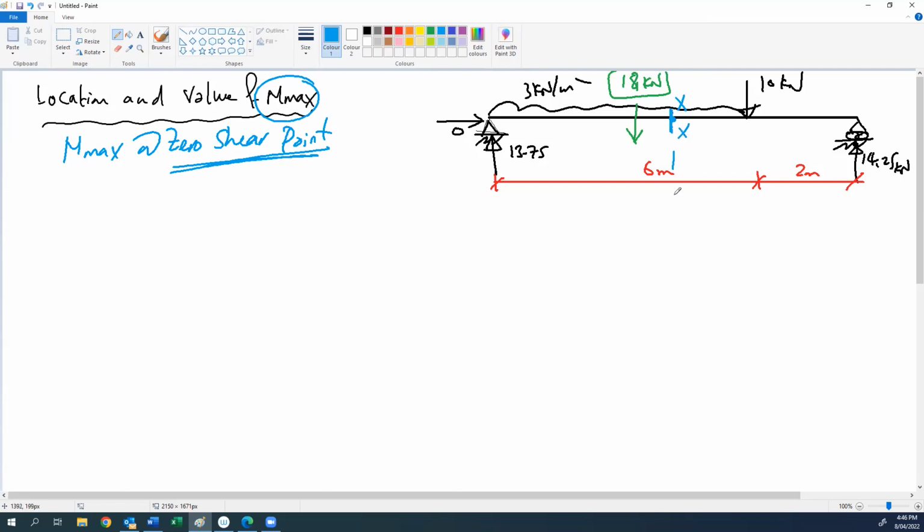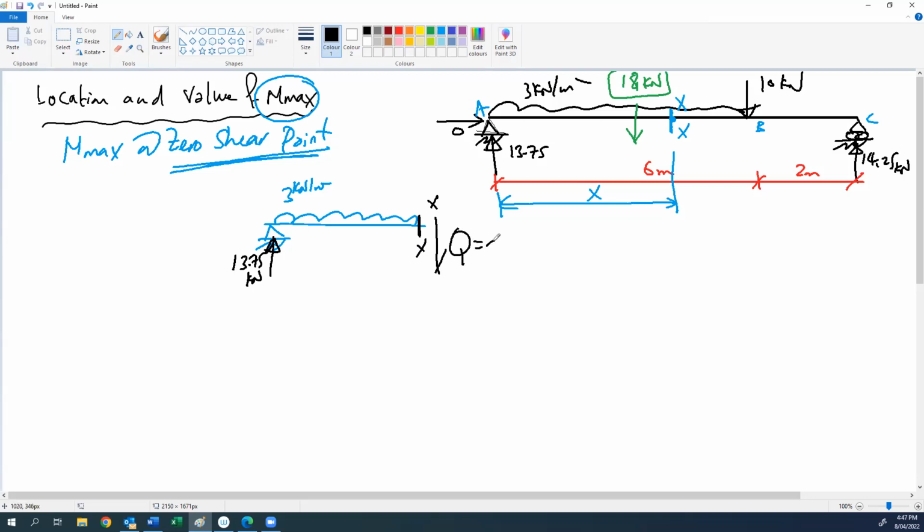Let's say section XX at a distance X from support A. If we take this part out, we have 3 kilonewton per meter, and the reaction is 13.75 kilonewton. This is our section XX. When we cut here, the shear value should be 0 because this is the point of zero shear.